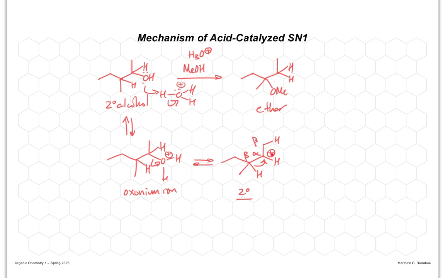Then that plus charge has to migrate to where it was bonded to. And so now that forms a tertiary carbocation. That's allowed because it's more stable. And that's called a 1,2 hydride shift.